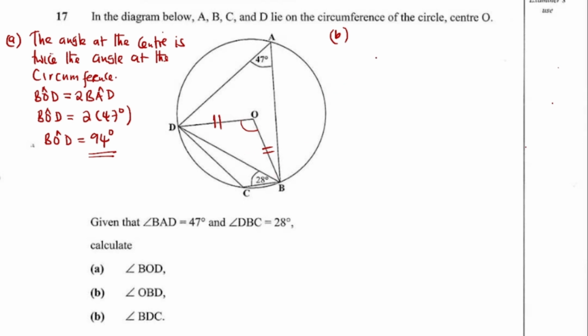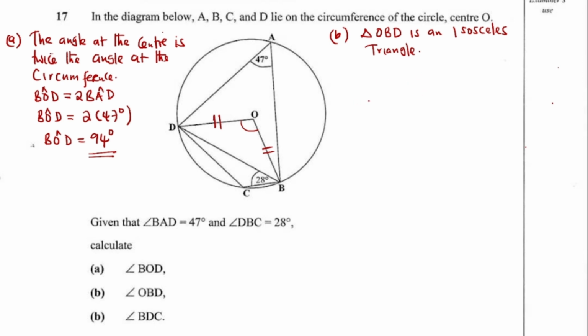Now when these two distances are equal, this makes this triangle OBD an isosceles triangle, meaning two sides are equal and two angles are also equal.